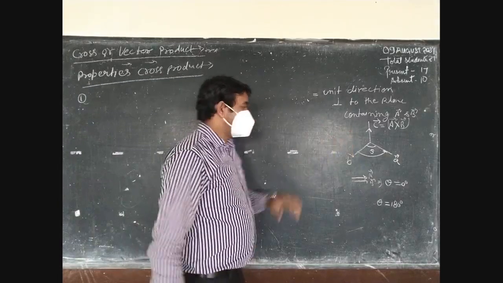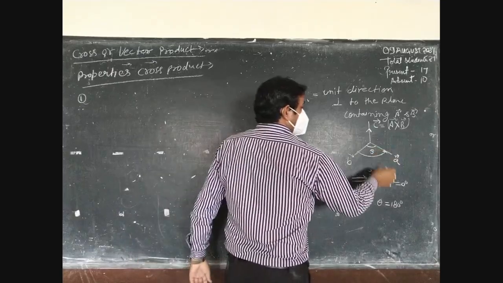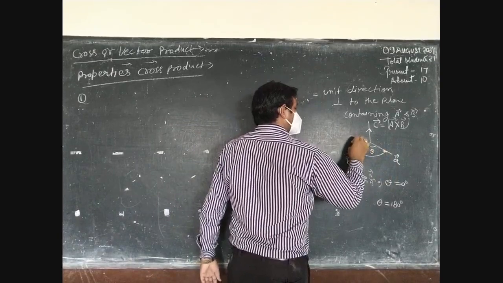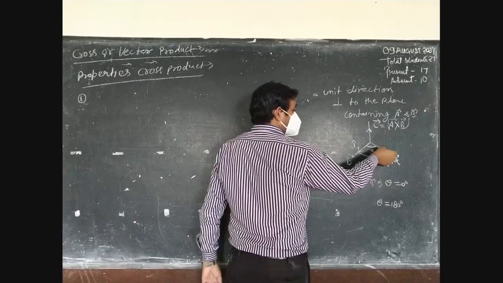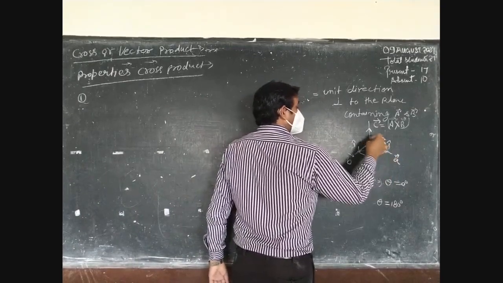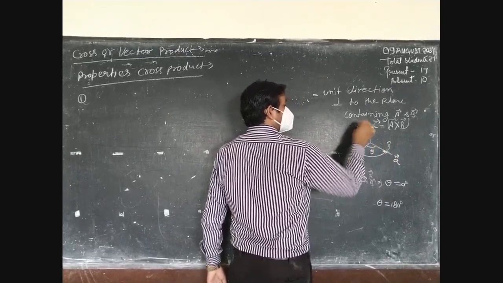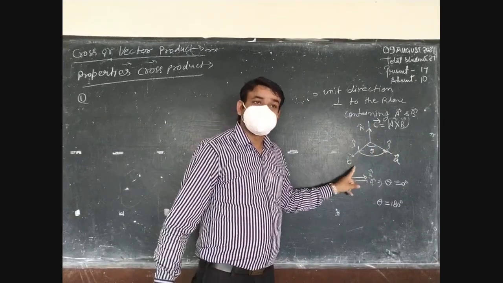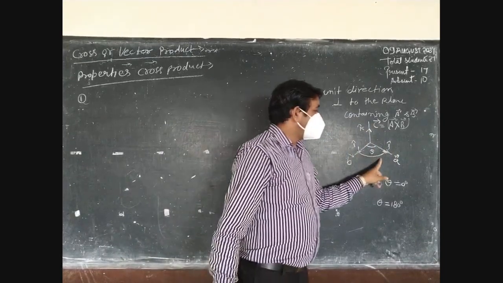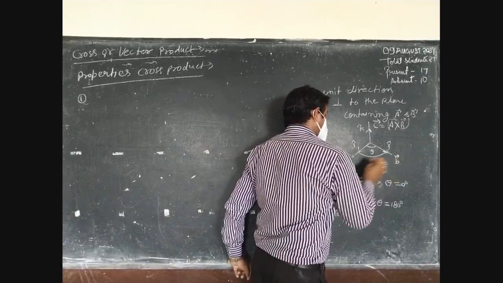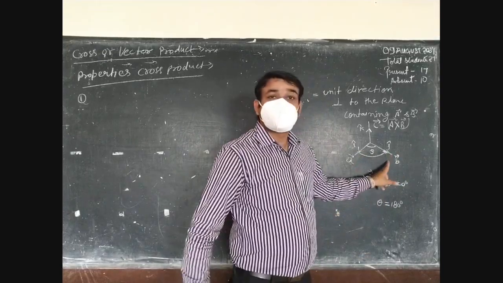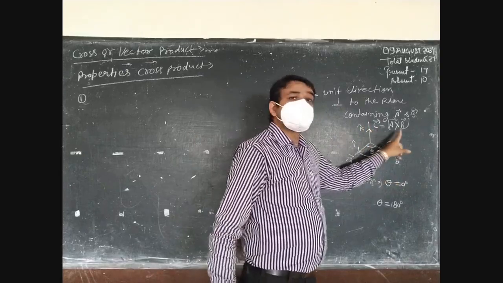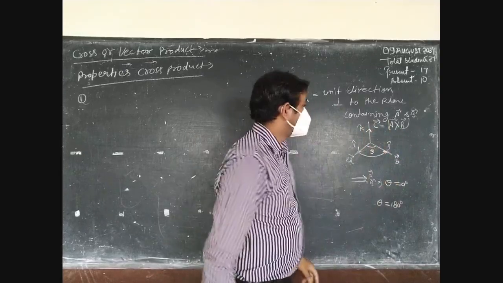From this, just see: this gives the direction of i cap, this gives the direction of j cap, and this gives the direction of k cap. Which means vector A acts along i cap, vector B acts along j cap, and vector C acts along... what is vector C? The cross product of the two vectors.